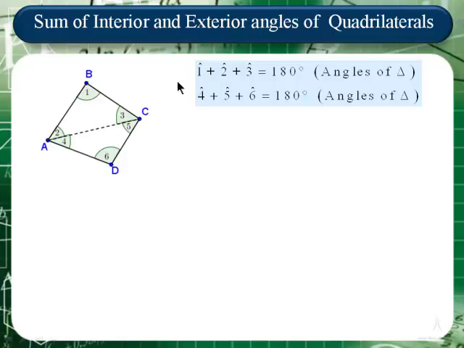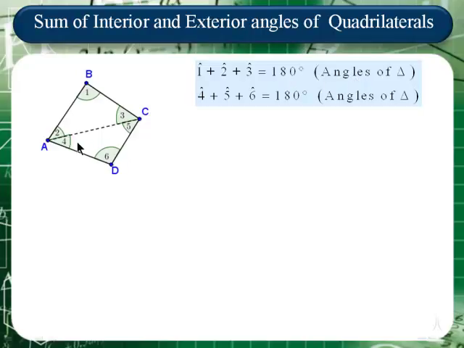And we know from previous discussion that the sum of the interior angles of a triangle is equal to 180. So if we look at triangle ABC, then angle 1 plus angle 2 plus angle 3, that sum will be equal to 180 degrees, because it's the angles of a triangle.